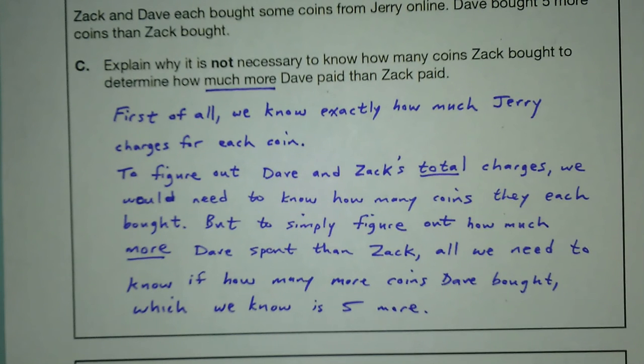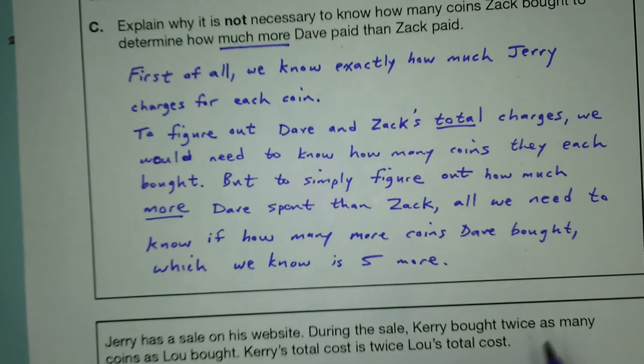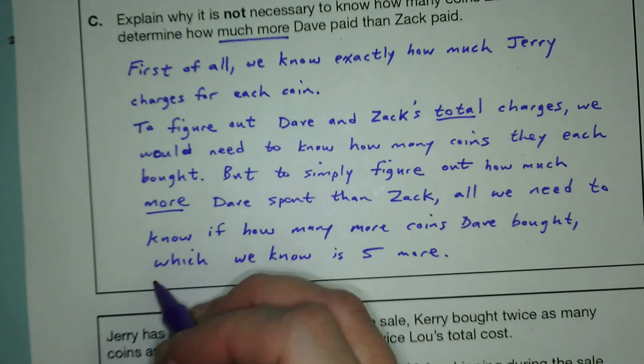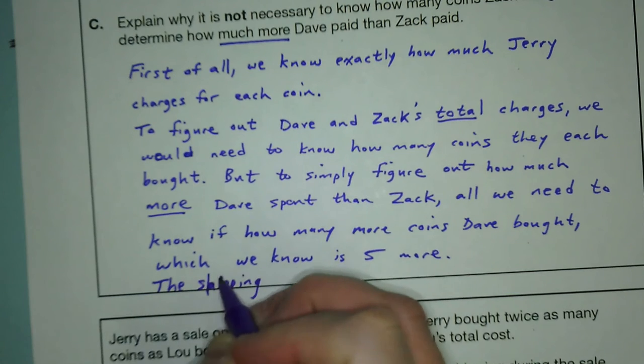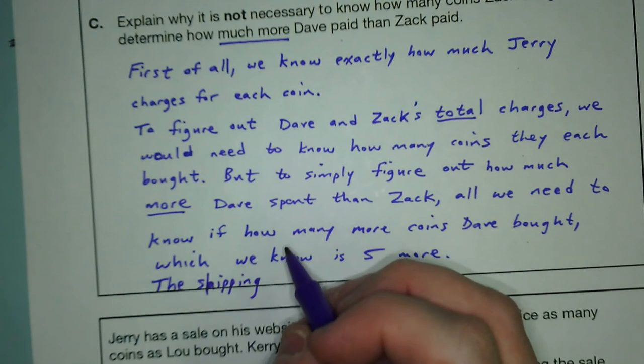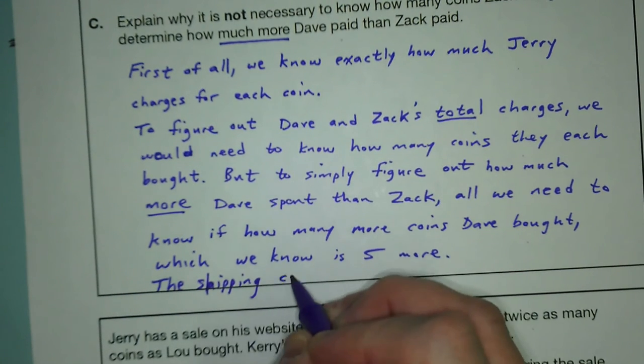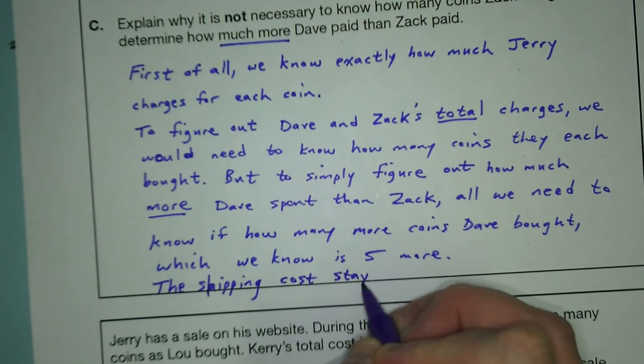First of all, we know exactly how much Jerry charges for each coin. To figure out Dave and Zach's total charges, we would need to know how many coins they each bought. But to simply figure out how much more Dave spent than Zach, all we need to know is how many more coins Dave bought. Again, the only thing I can think to include is a comment like the shipping cost stays constant.